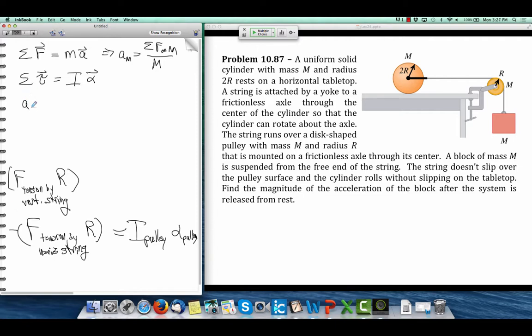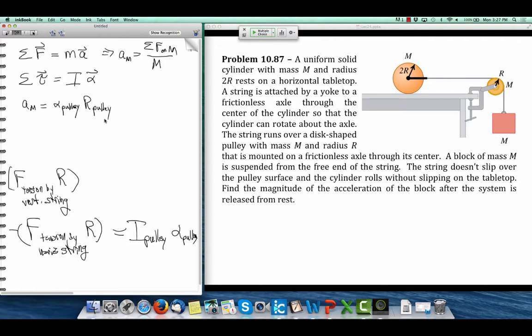Notice that the acceleration of that mass is related to the angular acceleration of the pulley, because the string doesn't slip, and it's related by the radius of the pulley.